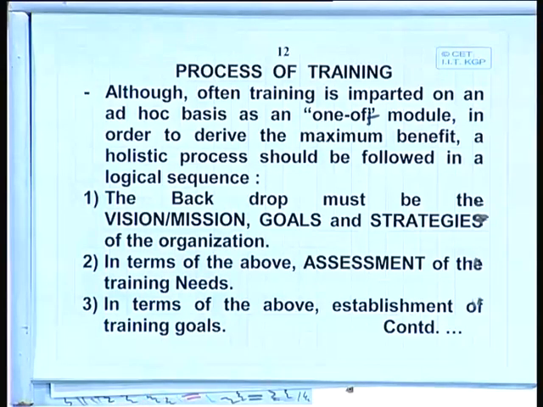Say a managerial training, you start with supervisory development, that is when you are at a lower level, and then when you go to a higher level with more experience, managerial training, and the kind of training which you impart will accordingly be calibrated so that you can fulfill the higher role. So, that is what a continuum of training is, looking at it holistically, not just sending to one or two programs.